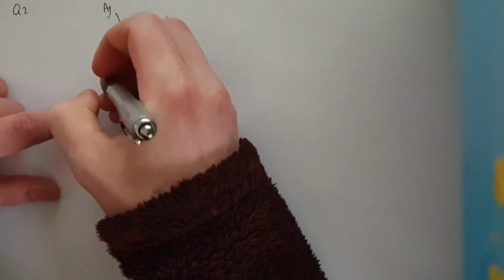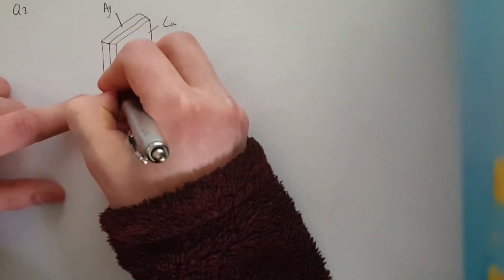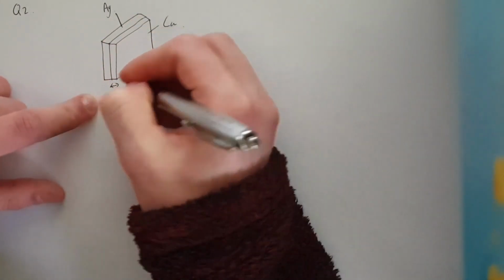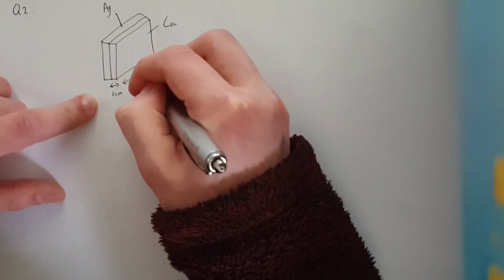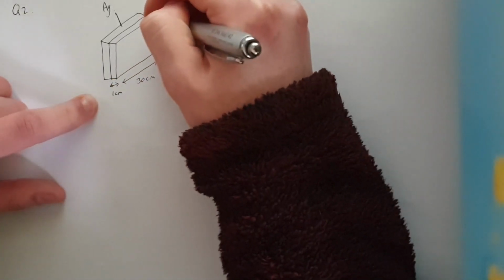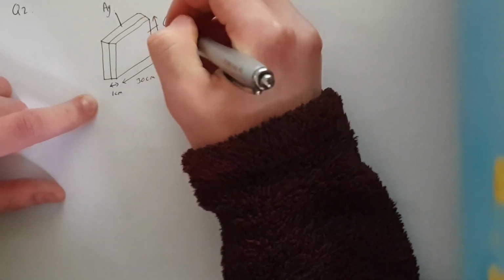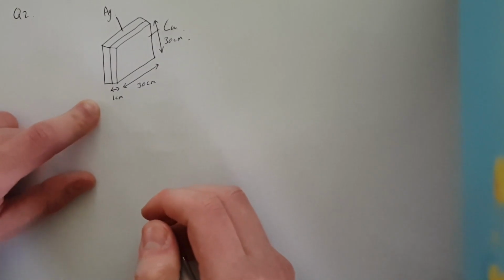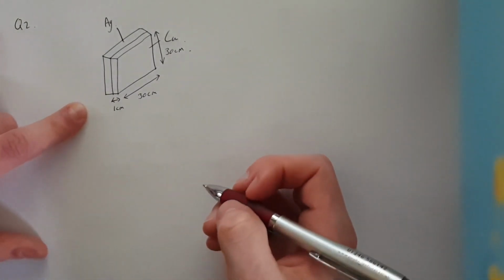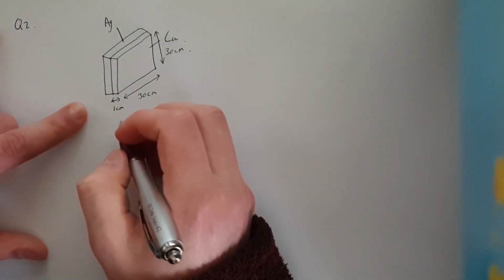So they are 1 centimeter thick, so this is 1 centimeter, and this is 30 centimeters, and this is 30 centimeters because they're square, believe it or not. 30 centimeters. And what else do we know?